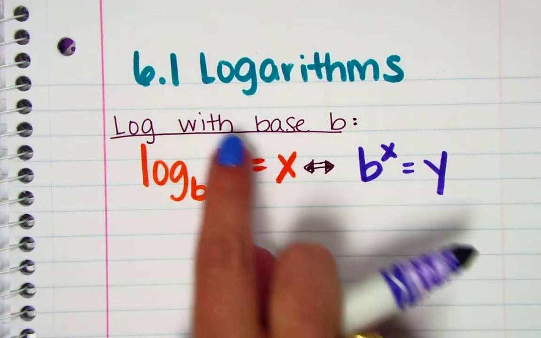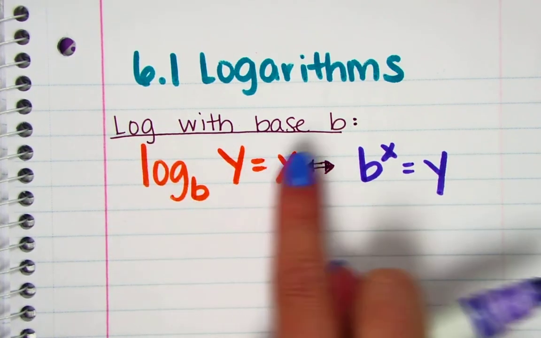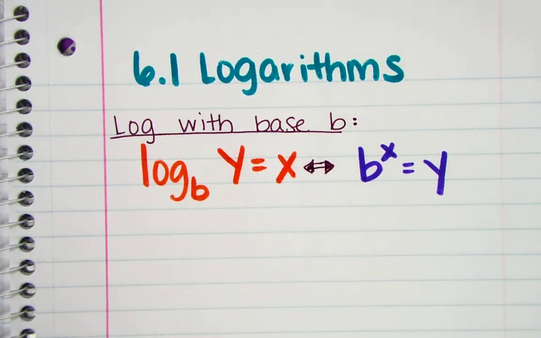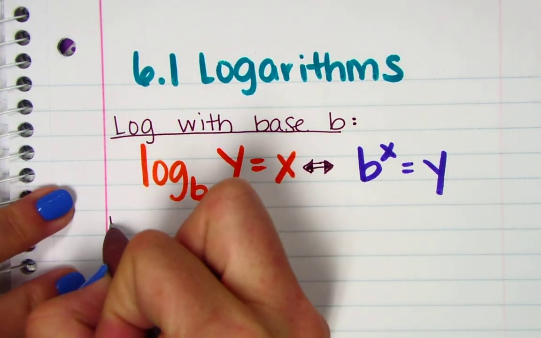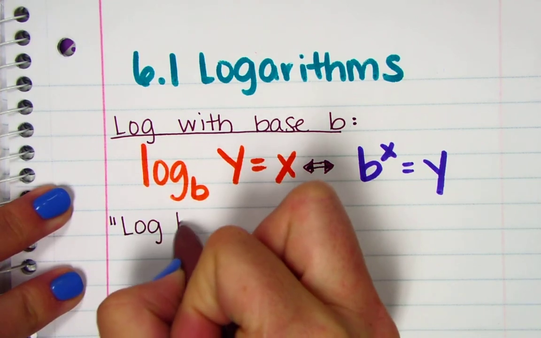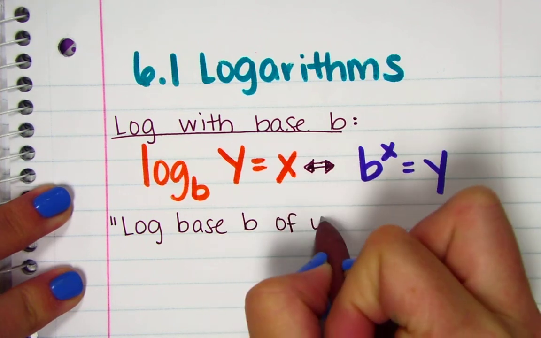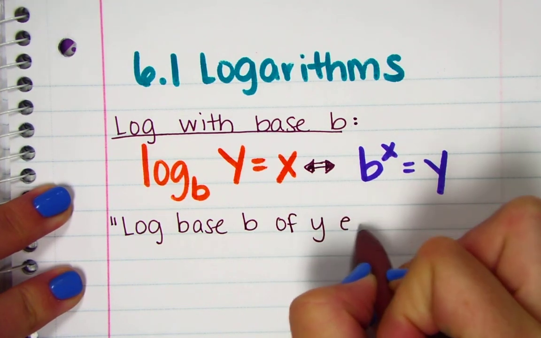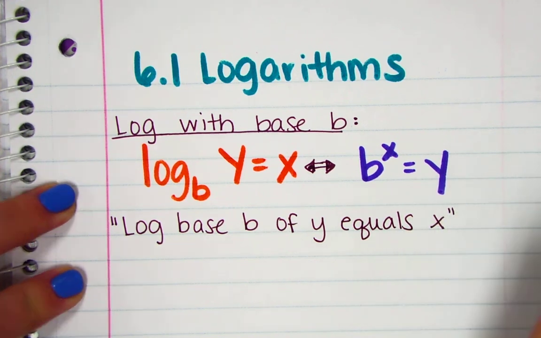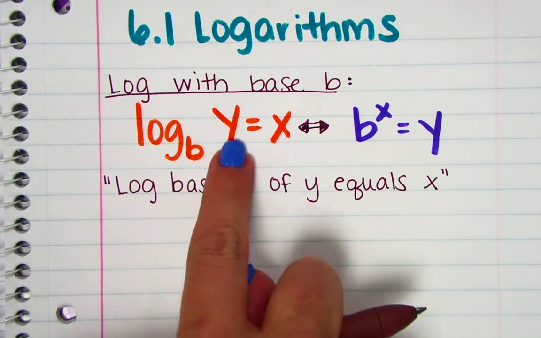On this one it's log b, you know b and y, you don't know what x is, the exponent. We write it this way because it's a way of solving it. And the way that you say it, this is actually a question on the practice, is log base b of y equals x. That's how you would say it out loud.